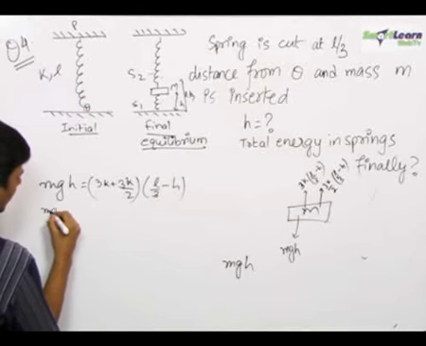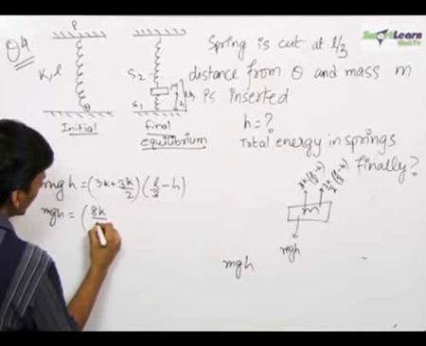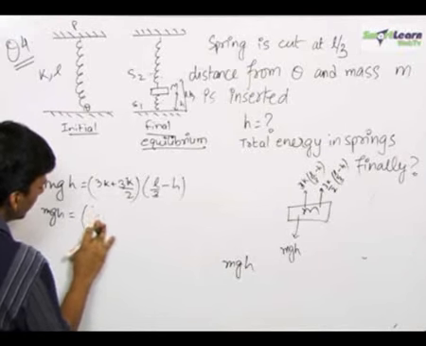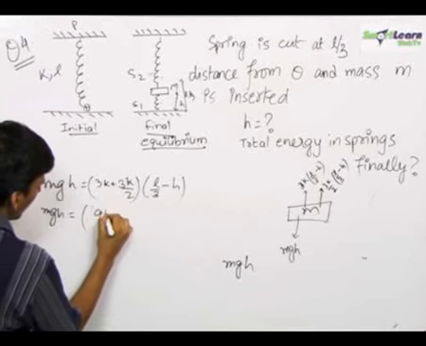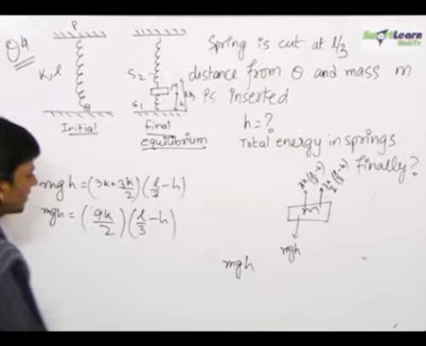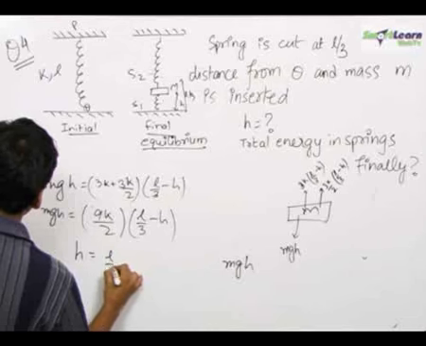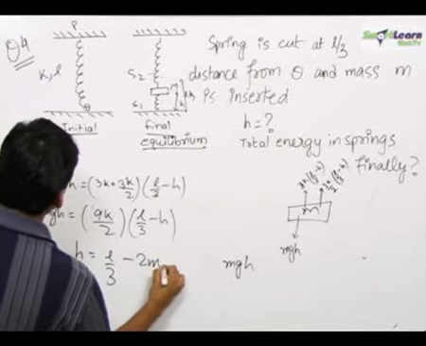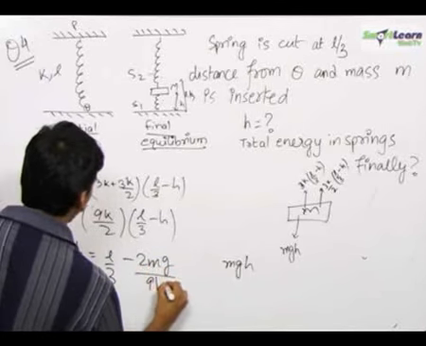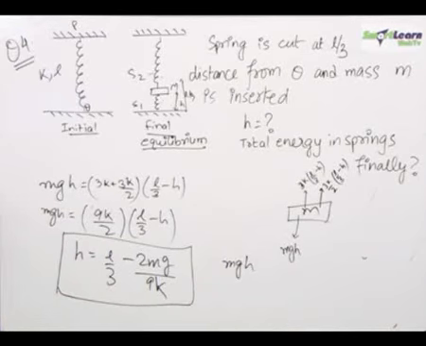This comes out to be 9K by 2 into L by 3 minus h. From this we solve and get h is equal to L by 3 minus 2mg upon 9K. So we get the answer for h.